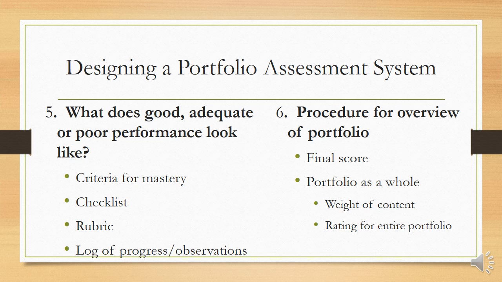I've not experienced it for myself, but it's observations from you, the teacher, on the student's progress that you write at various points of the semester, but you don't add in until later. That is generally the practice that I've seen. Insofar as the procedure for the portfolio, there's some sort of final score, where you're looking at the whole thing and rating the entire portfolio.